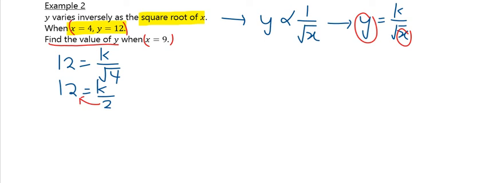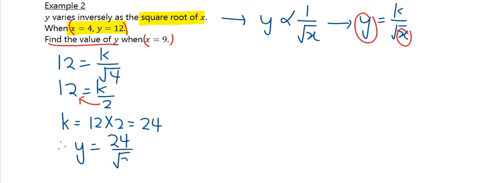So you can find k: 12 times 2, so you will have 24. Therefore, your equation, which is the first thing that you have to find, is y equals 24 over square root of x. So this is your equation of inverse variation.